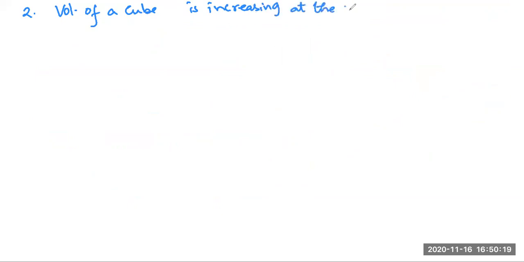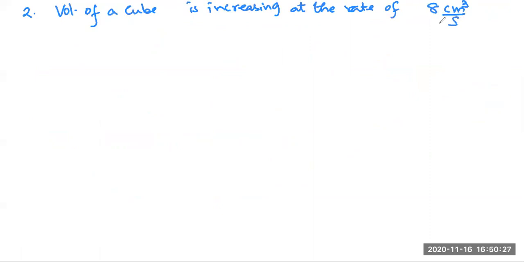The second question is: volume of a cube is increasing at the rate of 8 centimeter cube per second.